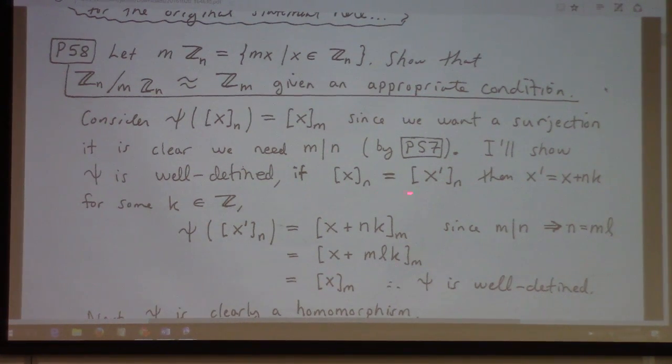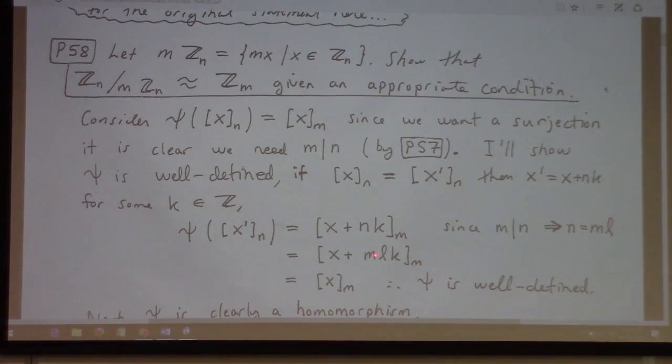So look at two different representatives of the same coset. That means x prime is equal to x plus nk. And so psi of x prime would be psi of x plus nk mod m. But remember, n is equal to m times l because m divides n.